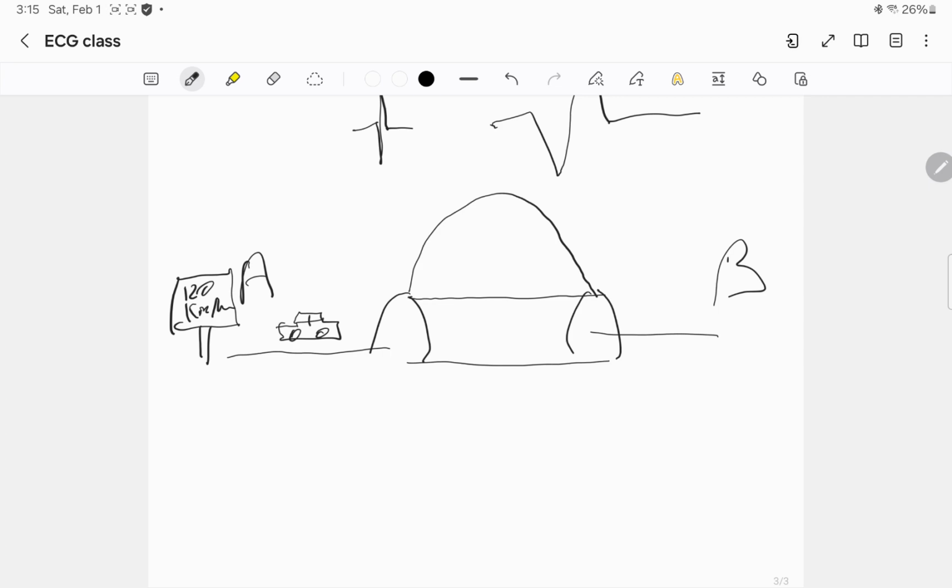And then you have another road that takes you up into the mountains, you know. It's long and windy. Alright?